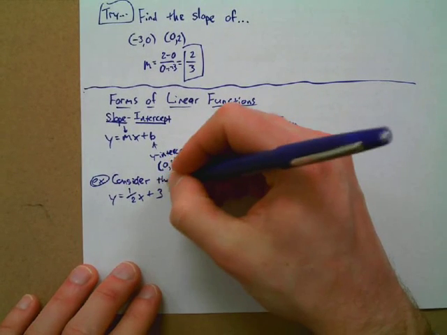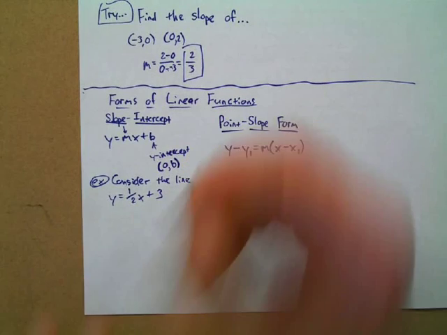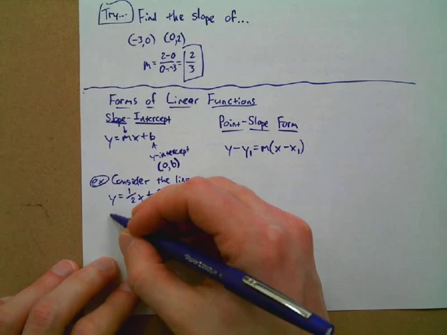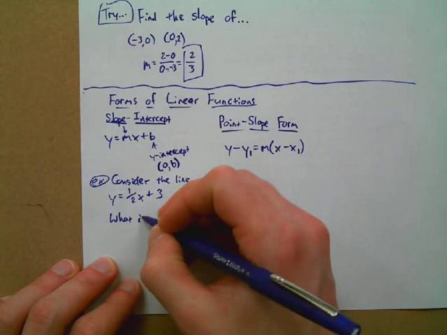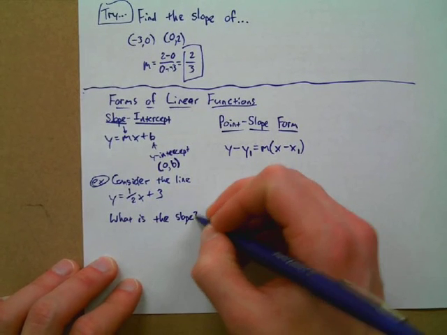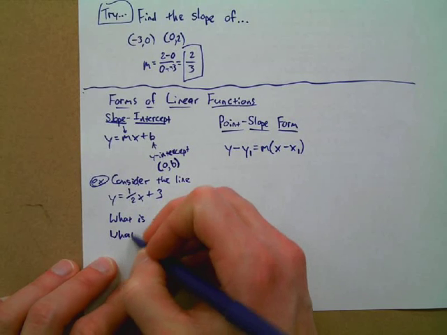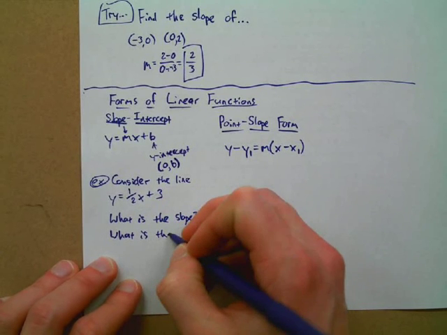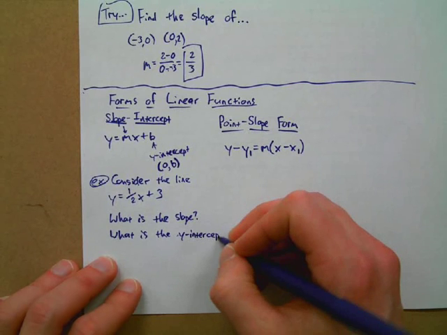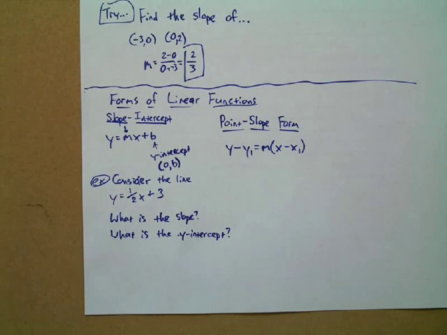What is the slope? And what is the y-intercept? I know this is super basic, but I just want to get through this, and then we'll continue moving on here. Consider the line y equals 1/2 x plus 3. What is the slope? What is the y-intercept?